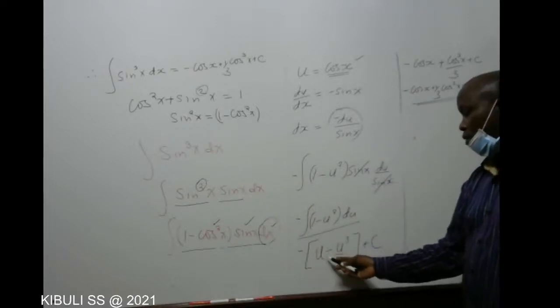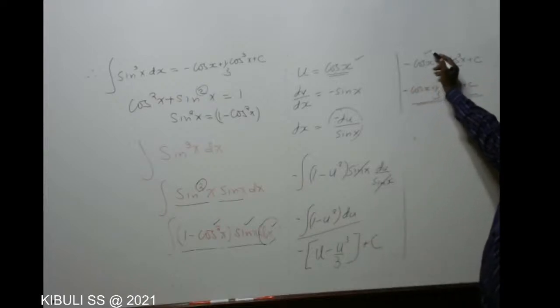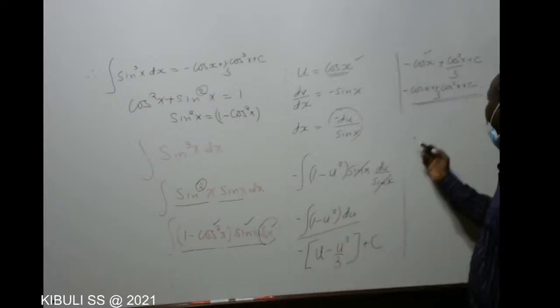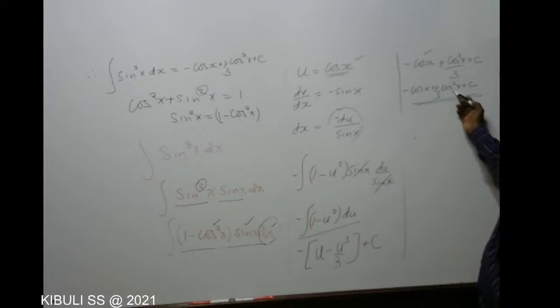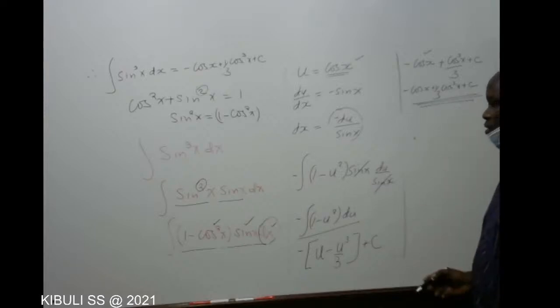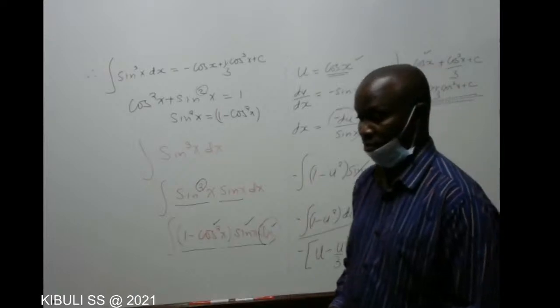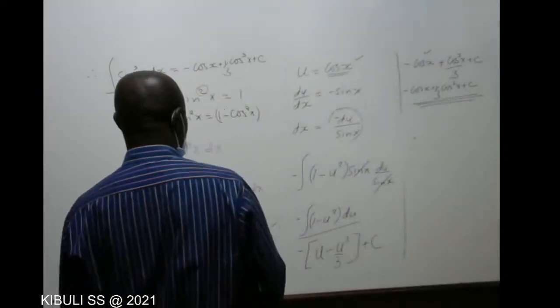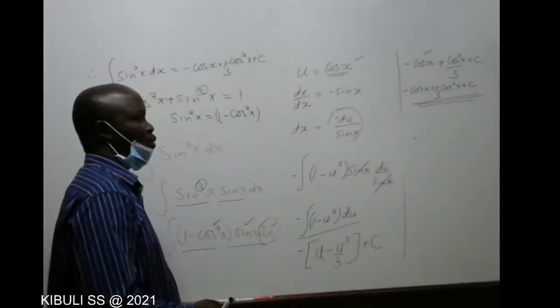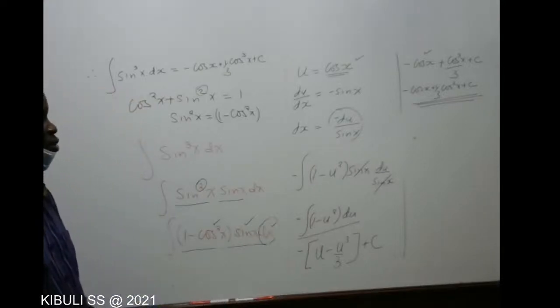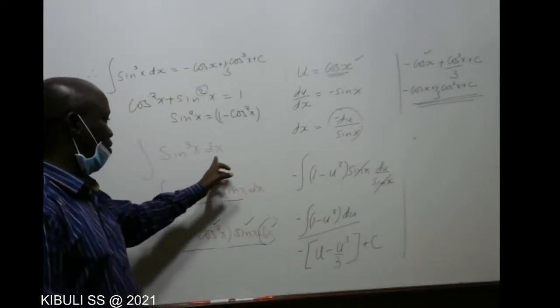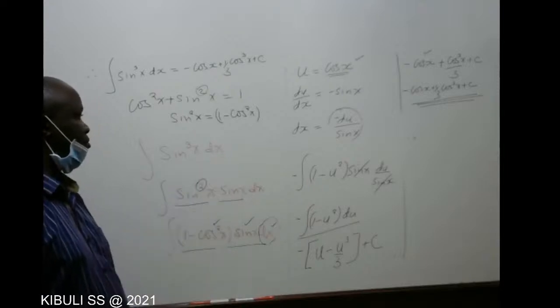At the same time, we are opening the brackets, which gives negative cos x plus a third cos power 3 x, plus c. You underline that. That is the integral you get as a result of integrating sine power 3 x dx.